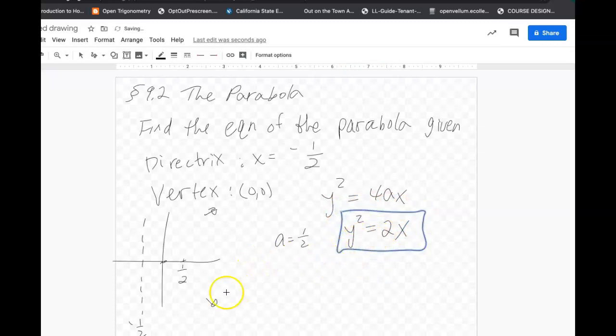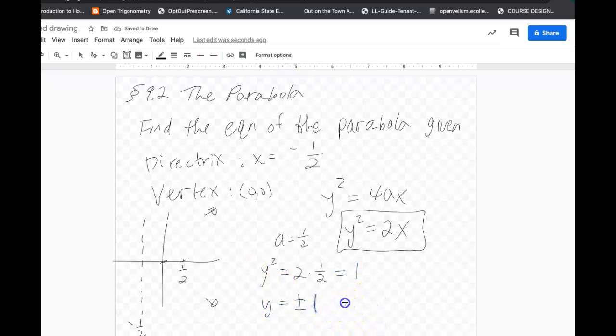And I still would like us just to know what these points are on the latus rectum. So that means that since we found a to be 1/2, we'll plug in 1/2 for x. And so we'll get 2 times 1/2 is 1. And when you square root both sides, we'll have y equals plus or minus 1.